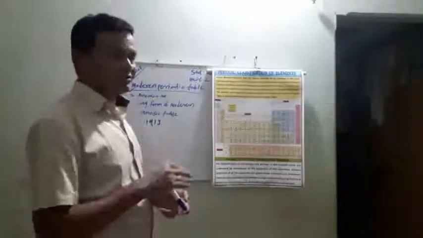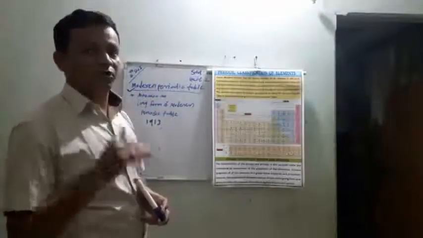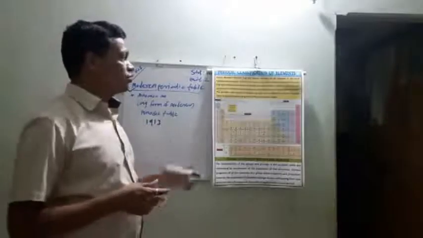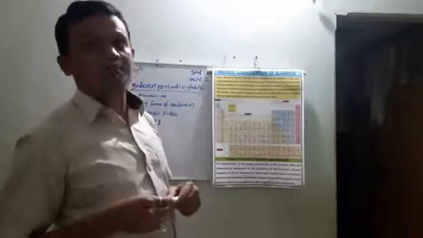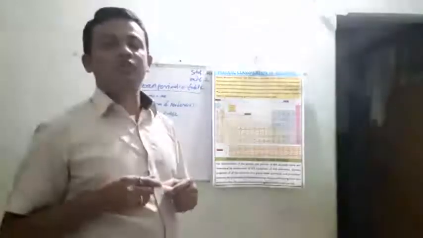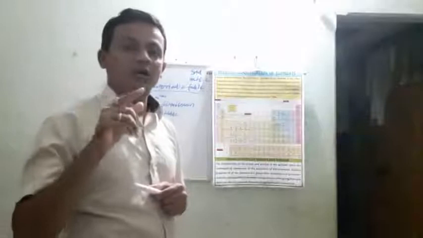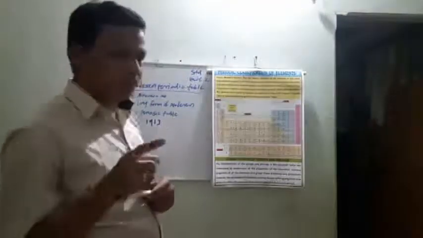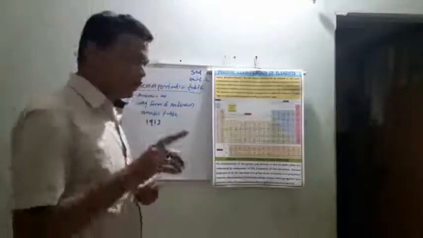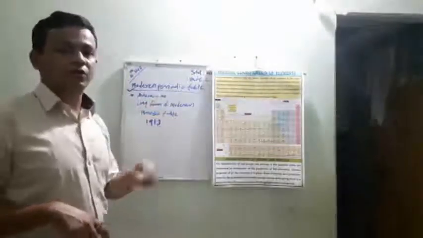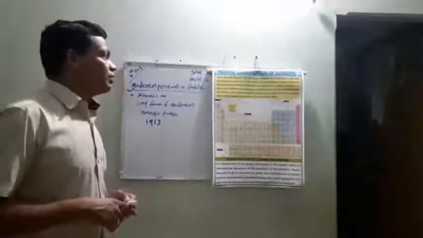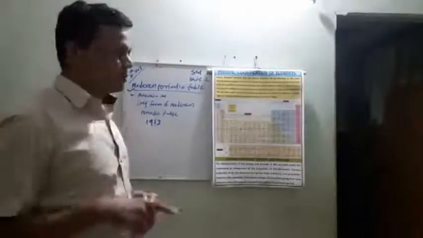And what is that modern periodic law? The law is given as: the chemical and physical properties of elements are a periodic function of their atomic number. This is called the modern periodic law, and the periodic table based on this law is called the modern periodic table.